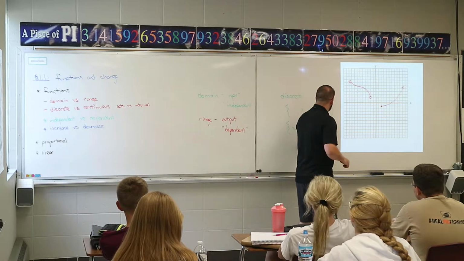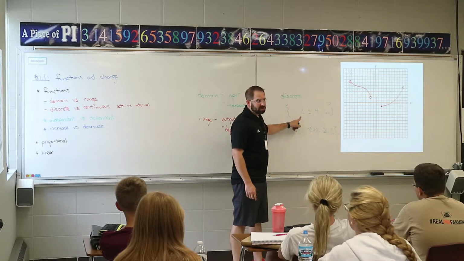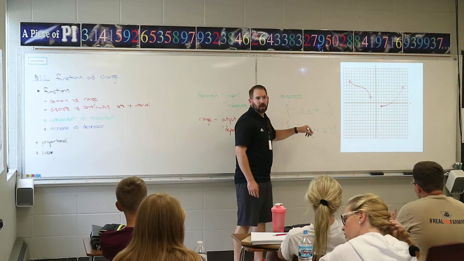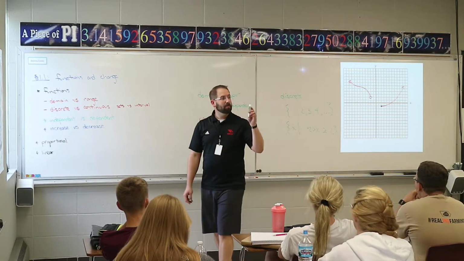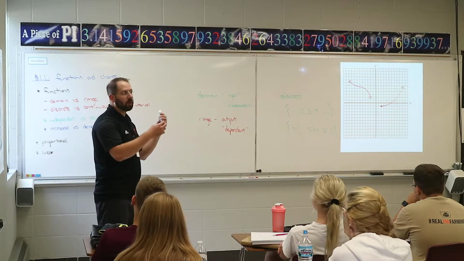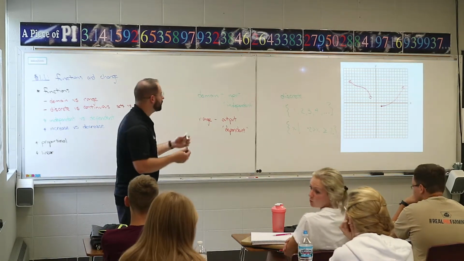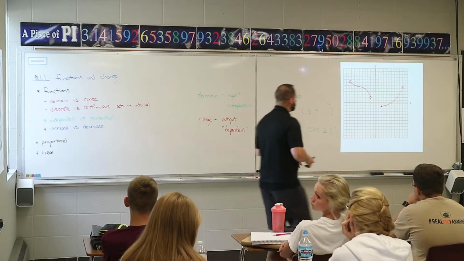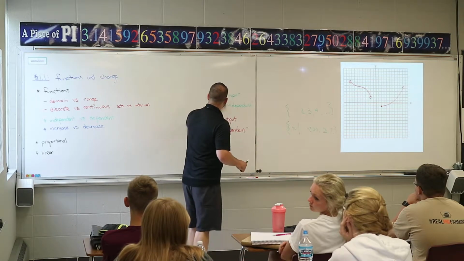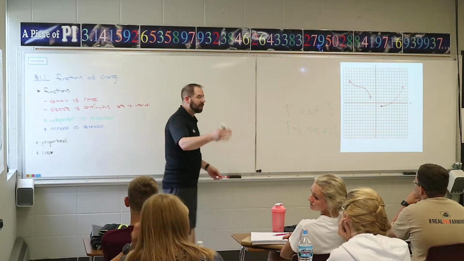Now, okay, so these are the 2 options. This is roster method, this is set builder notation. They make sense. The thing is, we have that other method we use to write notations. The other way that we can write, other than set builder and roster method, is we can use interval notation, which is the one that I tried to get you guys to use a lot last year.